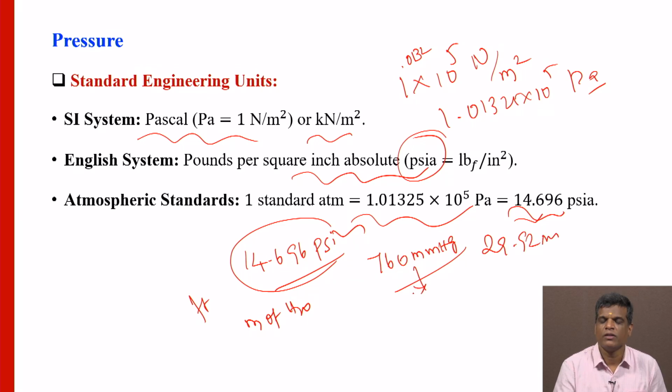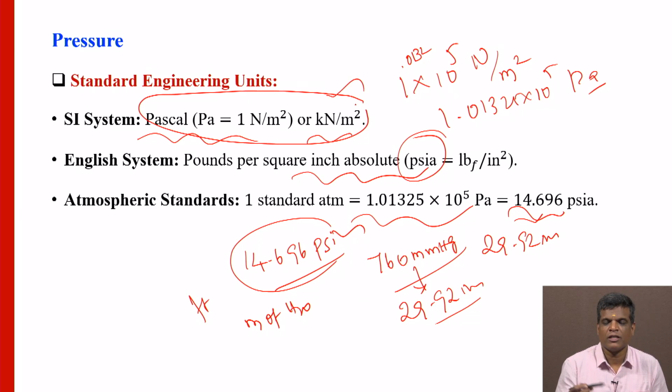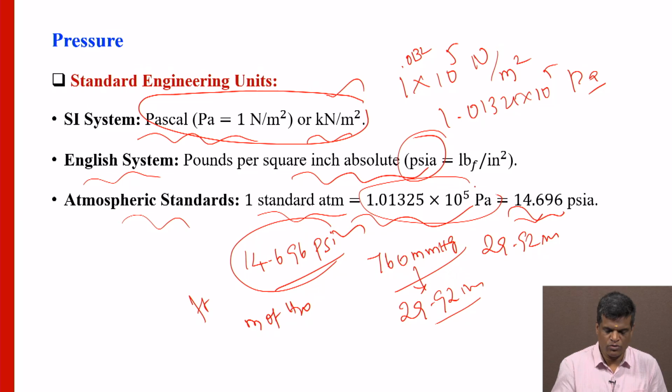Normally we use SI units, Newton per meter square, or sometimes kilonewton per meter square. The other units are English units, and some are atmospheric standards. Normally we write 1 atm equal to this much value, which is another pressure unit.